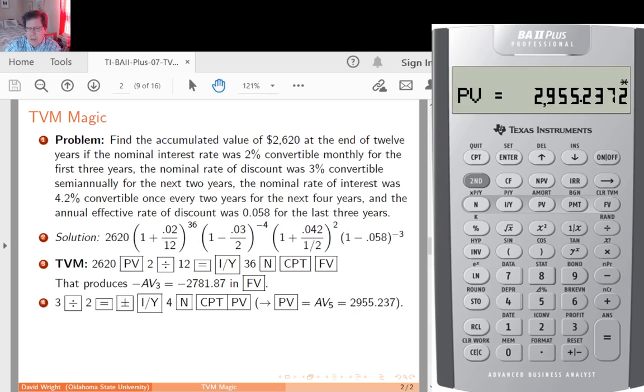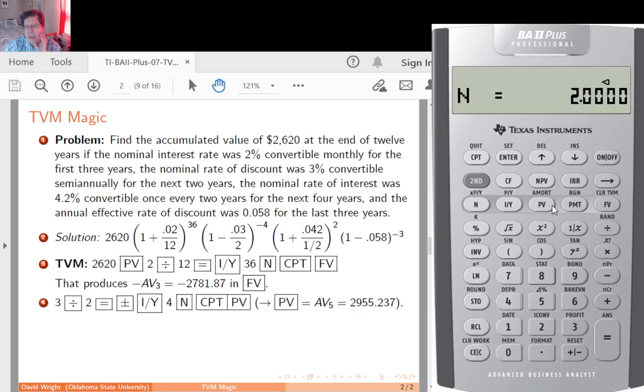Okay, so here's how we're going to do that one. We're going to leave this in present value. We're going to say 4.2 divided by 1/2. So I would say 2 flip, or 1 over. So that's 8.4, and that goes into the interest rate. And the number of periods, if every period is 2 years, then 4 years is 2 periods. So that is 2, goes in for n.